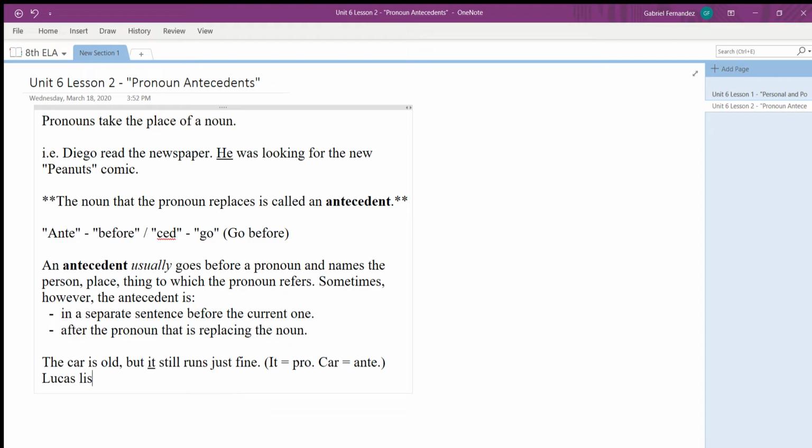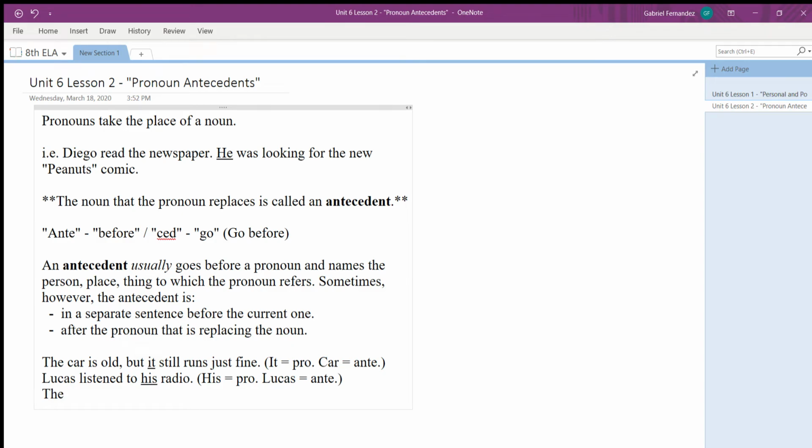Lucas listened to his radio. His, pronoun, Lucas, antecedent. Okay?